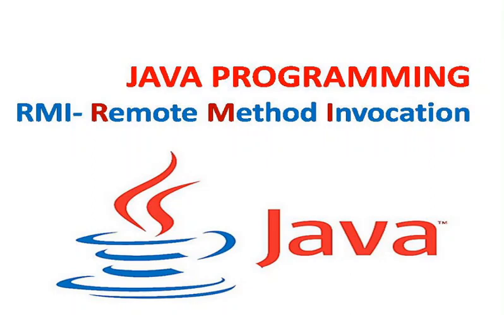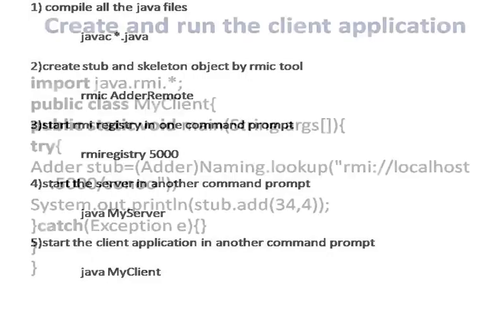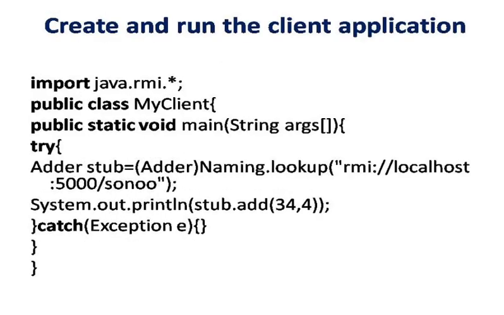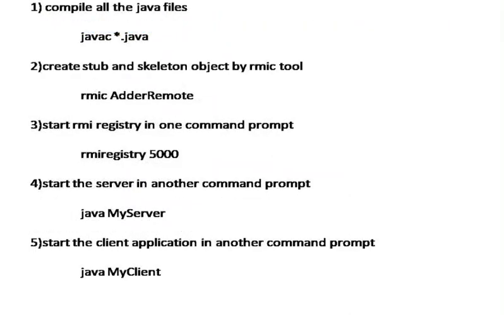Java client is going to call the add method, and it displays the result of what we have given as input, 34 plus 4, as 38. The important thing is you have to run the applications, that is java server and java client. If you do that, then everything is finished, and you get the result.